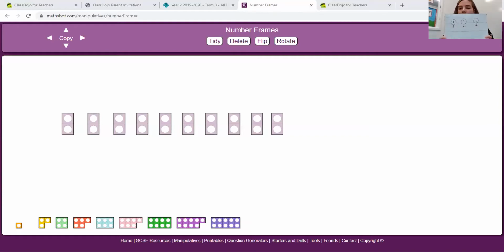So I have 2 in each group, and I want to add them together. Hopefully lots of us have had that practice of counting. So hopefully we can do 2, 4, 6. 2, 4, 6 is equal to 6. That's the whole number.